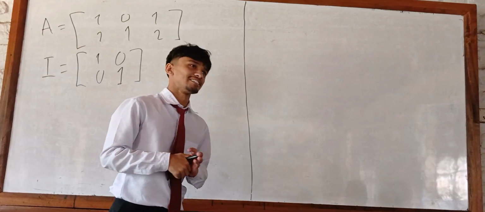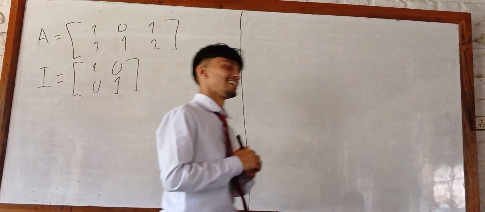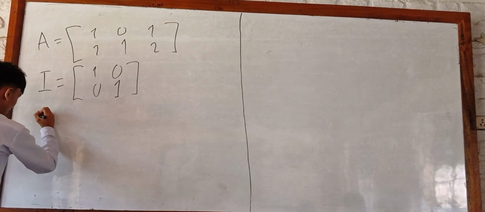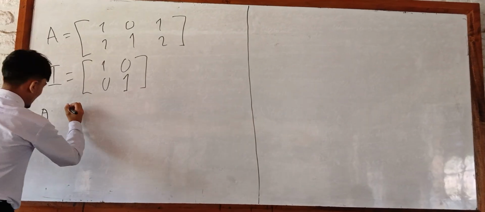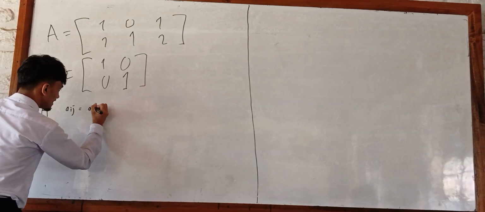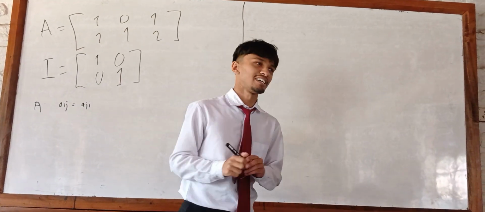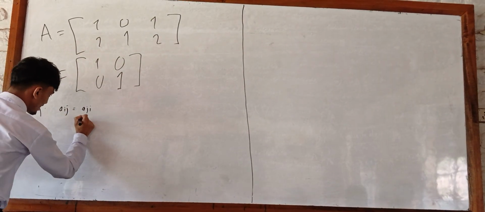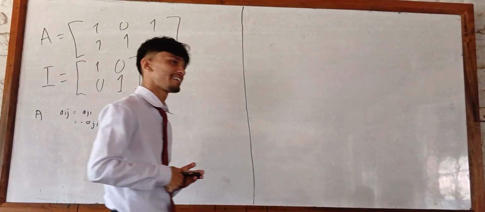We also need the symmetric matrix and skew symmetric matrix, where a symmetric matrix means A is a matrix in which the element Aij and Aji will be equal. Similarly, a skew symmetric matrix is a matrix in which the element Aij will be equal to minus Aji. You can easily understand that because in the book it is easily explained.